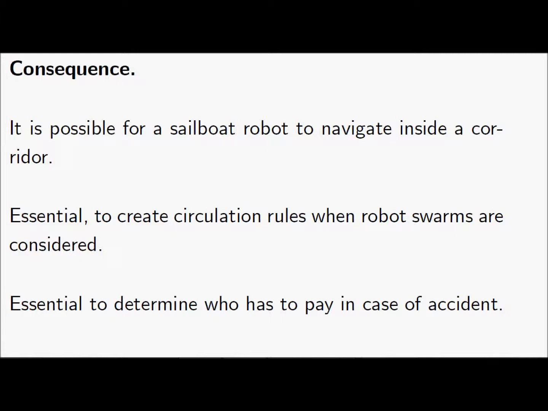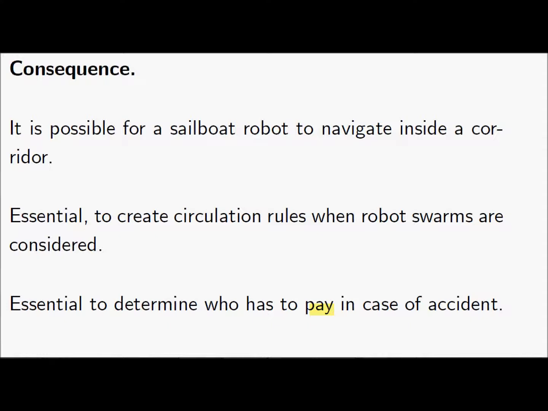But what is important is that in case of problem, in case of collision between two robots, we'll be able to say who is responsible, who has to pay in case of accident, which robot is wrong. It is the one who went out of its corridor. And this kind of set membership approach for control is essential because, in order to copy what happened for traffic jams, when we have thousands of cars, everybody has to stay inside the right corridor.